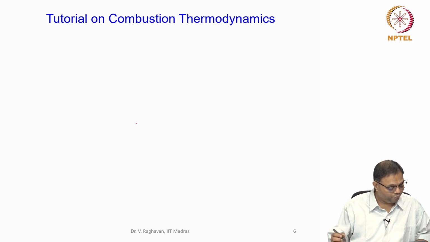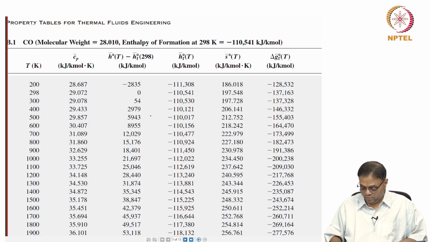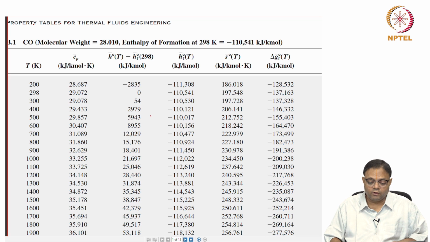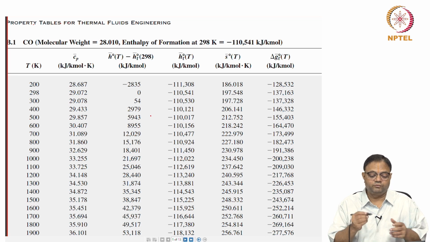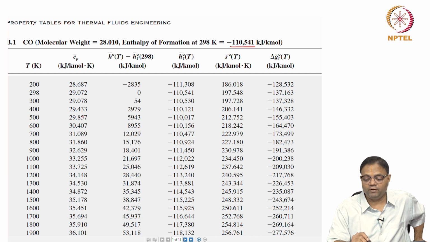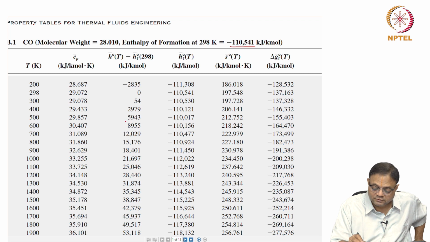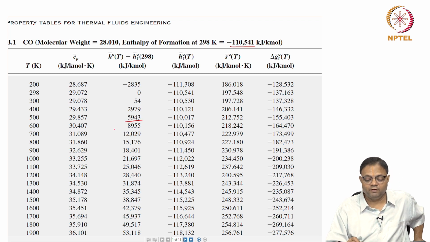So now I will go to the tables again. For example, I will take one case. For CO, the enthalpy of formation is minus 110,541 kilojoule per kilomole. At 500 degrees, the sensible enthalpy is 5943 kilojoule per kilomole.